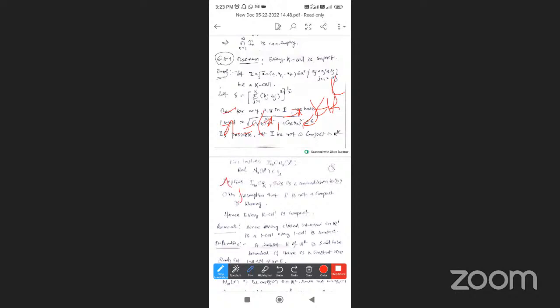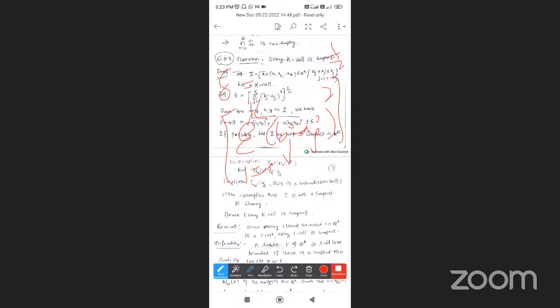such that a_j is less than or equal to x_j, which is less than or equal to b_j. What are a_j and b_j? This is a closed interval [a_j, b_j], for j equal to 1 up to k. Let delta be equal to the summation over j equal to 1 to k of (b_j minus a_j) whole squared, whole power of 1 by 2.